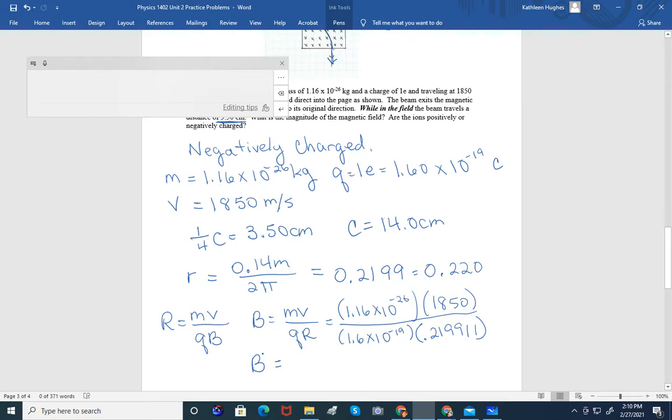Let's see, 1.16 times 10 to the negative 26, 1850, divided by 1.6 times 10 to the negative 19, and 0.219911.